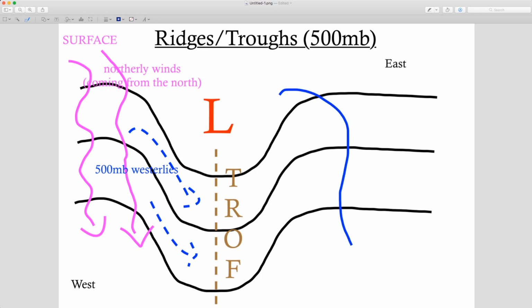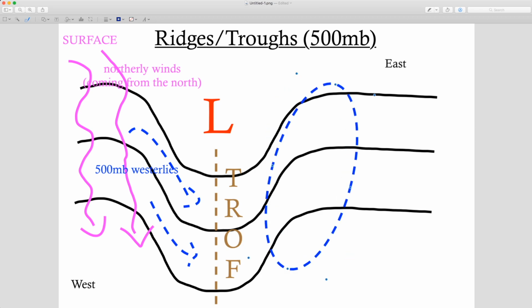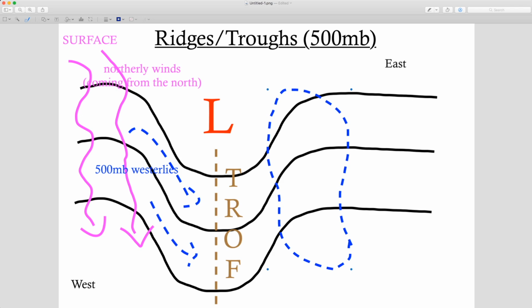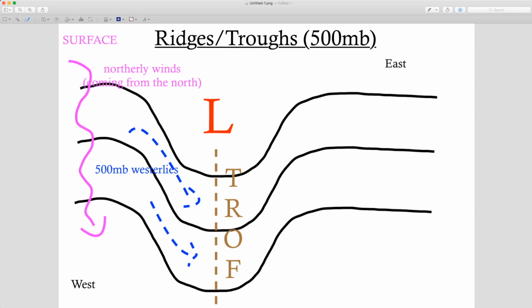You see the little kinks in the geopotential height contours going to the north. This is going to be your ridge.